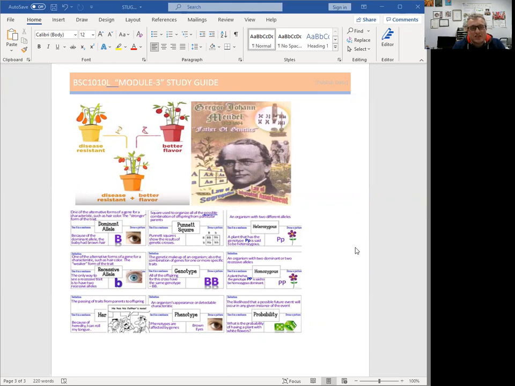He started hybridization, crossing different varieties of the peas and looking at the generations from parent to F1, F2, F3. He came up with results that we still use in typical genetics today.